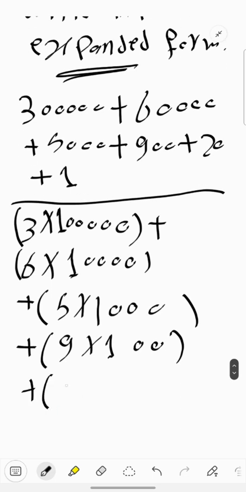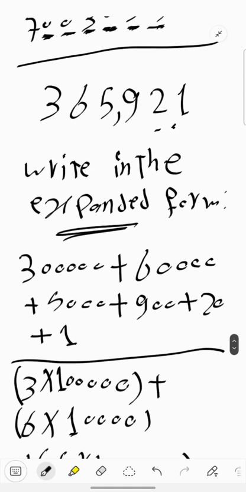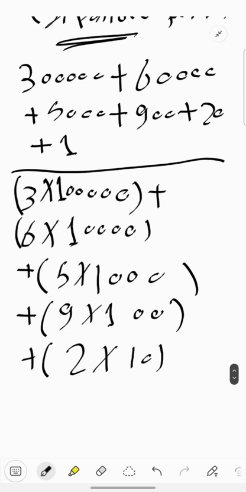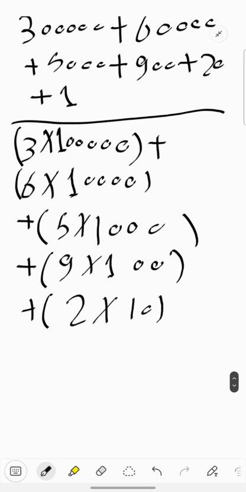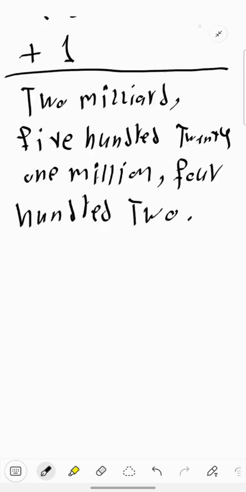Plus it's 2 times 10. Why? Because you have only one digit before it, so it's 10 and times 1. Plus only 1. Okay? This is the second way to expand.